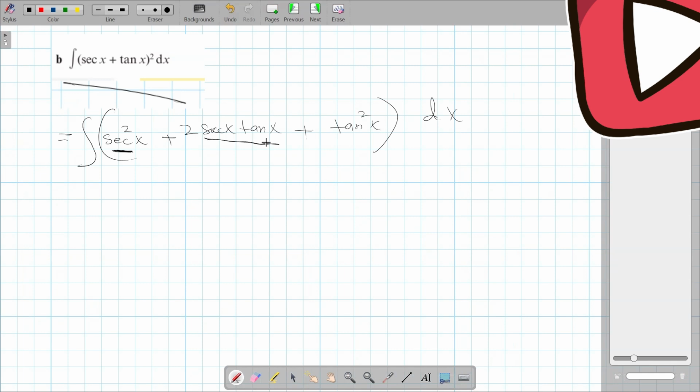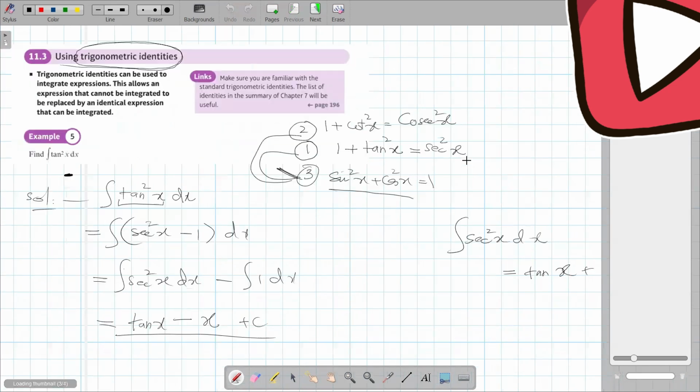Ask yourself whose derivative is tan square? Is there one? There isn't any function. We just did it.